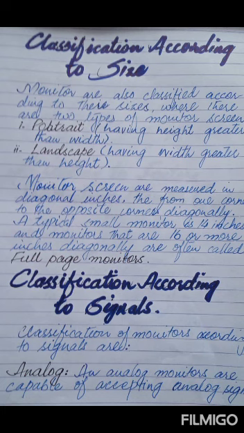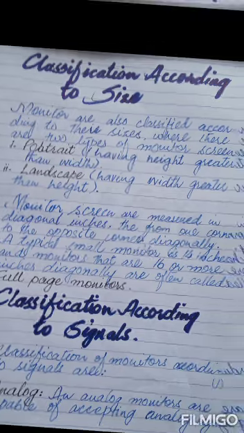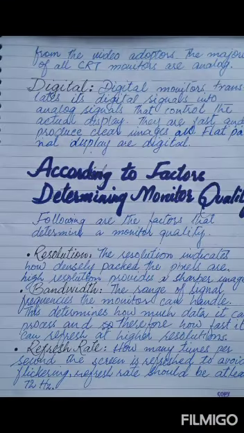Your next side heading is classification according to signals. Classification of monitor according to signals are, with pointer heading, analog. Analog monitors are capable of accepting analog signals from the video adapter. The majority of all CRT monitors are analog.